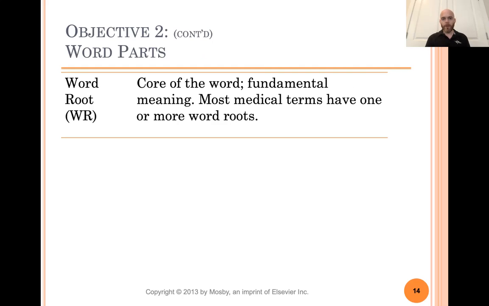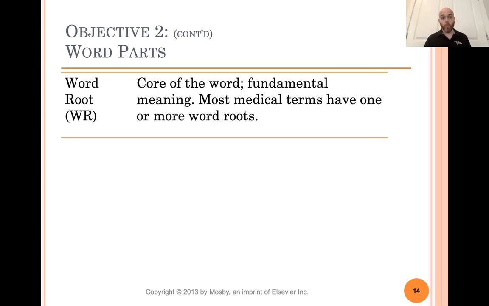Okay, we already talked about word parts with the example of arthritis. If arthritis means joint inflammation, then the arthr section of arthritis is going to be the word root.